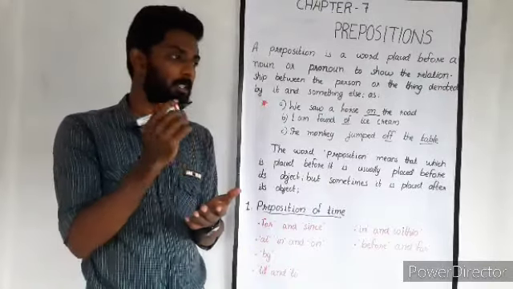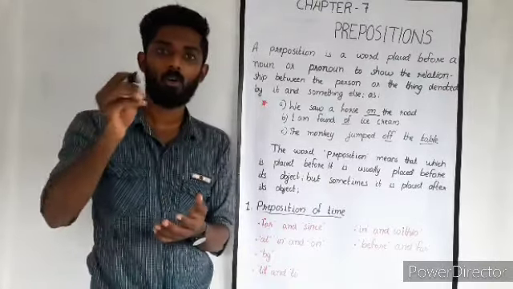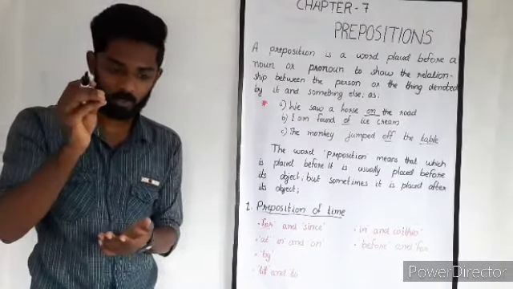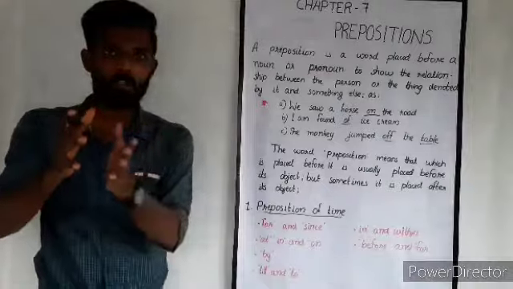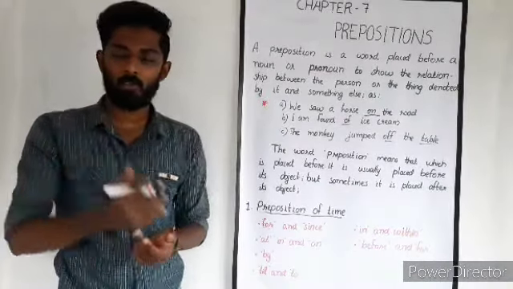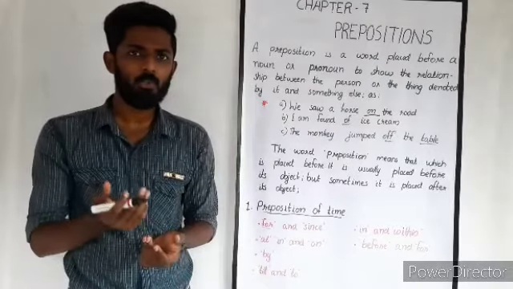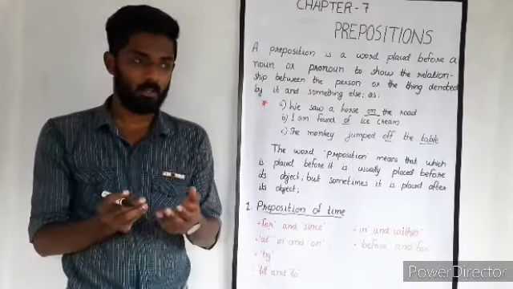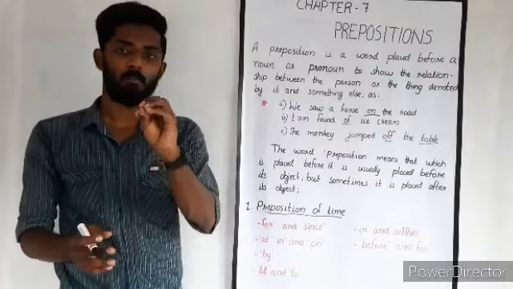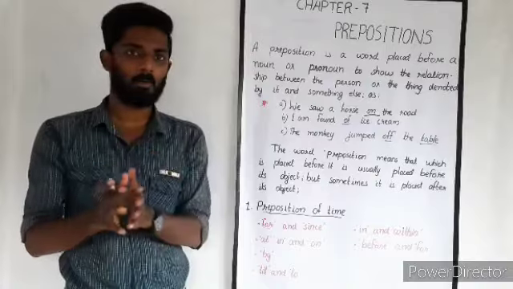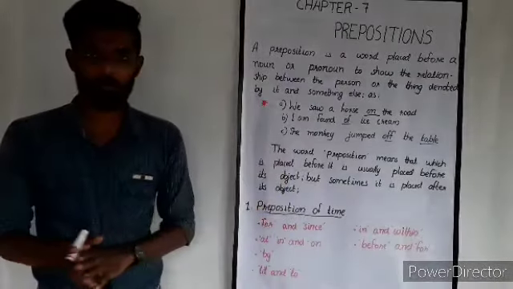So if 10 o'clock is mentioned, you have to come on 10 o'clock. Or else if you are using in time, it means before the time appointed. In the sense, you have to come in time, the person has to come before 10 o'clock. So that is the thing about in.